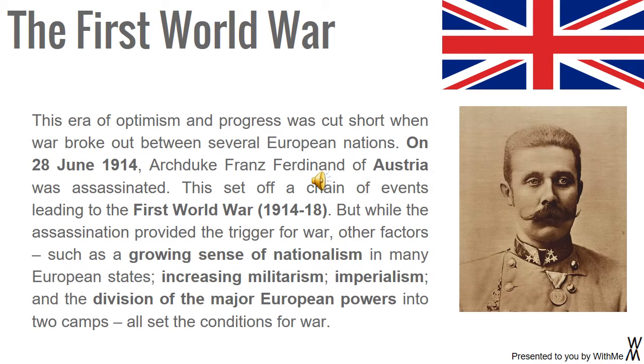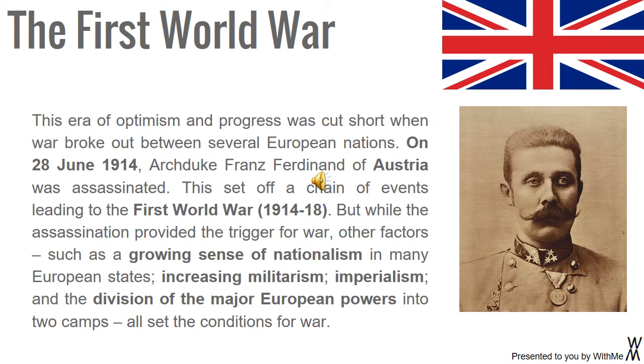This era of optimism and progress was cut short when war broke out between several European nations. On the 28th of June 1914, Archduke Franz Ferdinand of Austria was assassinated. This set off a chain of events leading to the First World War, 1914 to 1918.